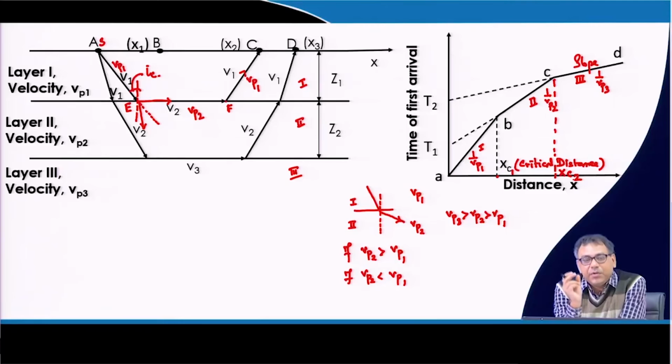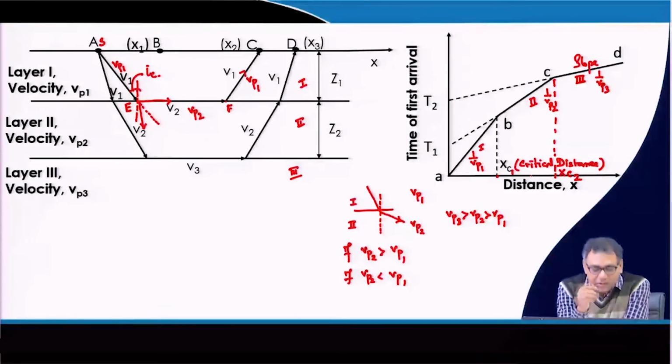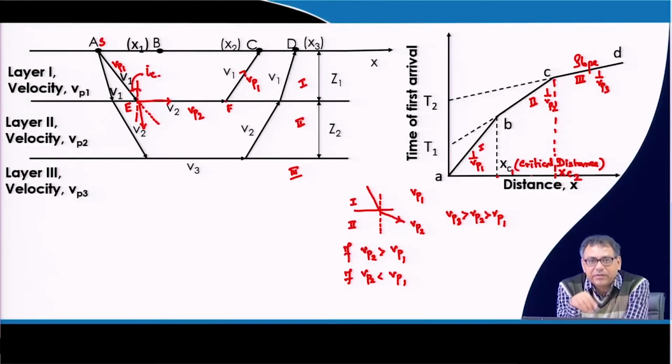Now, if you put any geophone within the distance of xc1, then your direct ray will reach first. If you put a geophone between the distance xc1 and xc2, then the refracted rays passing through the interface of the first and second layer will reach first.